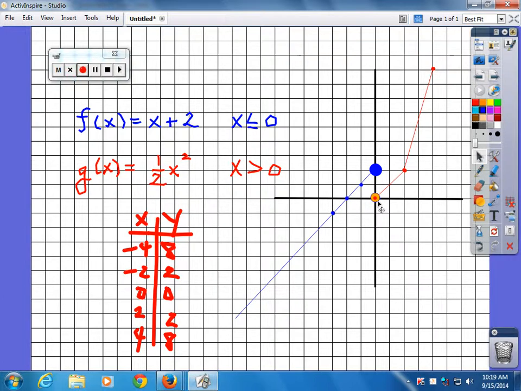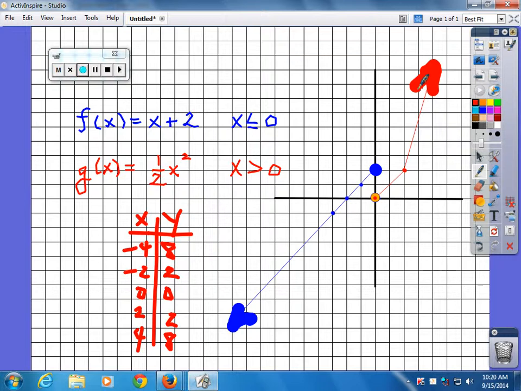Now the domain is from negative infinity to positive infinity. Why? Because this is assumed to be a what? An arrowhead, because you haven't been given any ending. And this is considered what? An arrowhead, because it has not been given an ending.